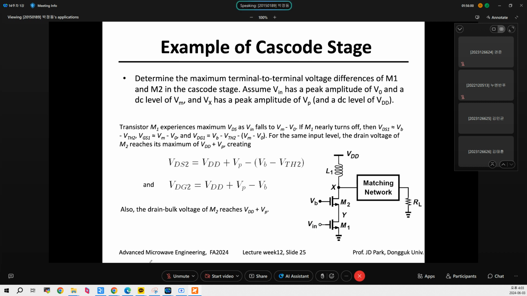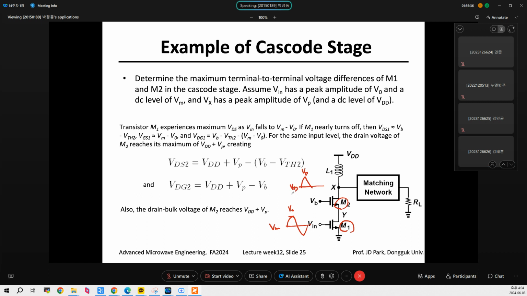All right. Let's determine the maximum terminal to terminal voltage difference of M1 and M2 in the cascode stage. Assume Vin has a peak voltage of V0 and a DC level of VM, and Vx has a peak amplitude of VP and a DC level of VDD. Very straightforward.